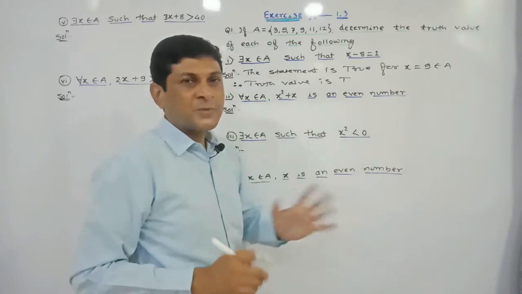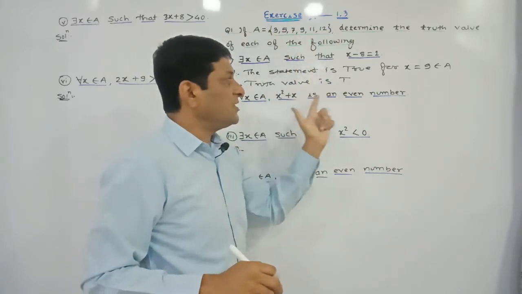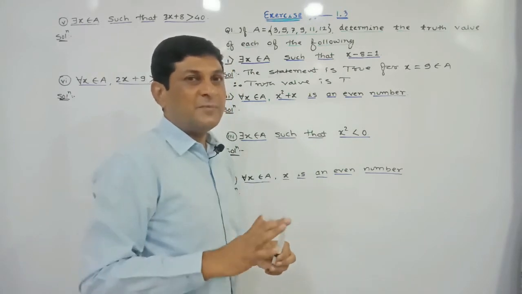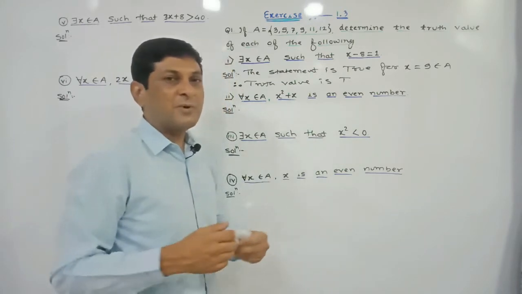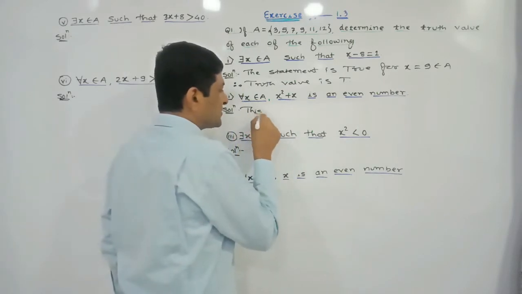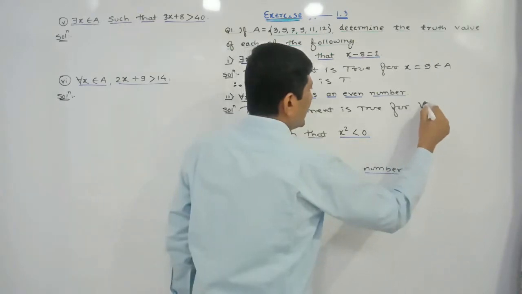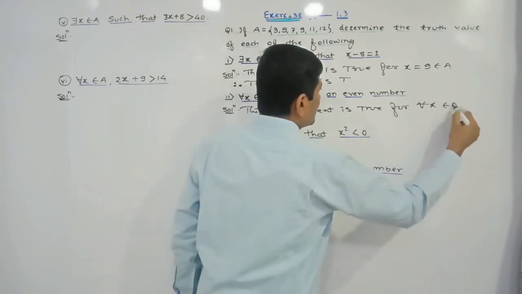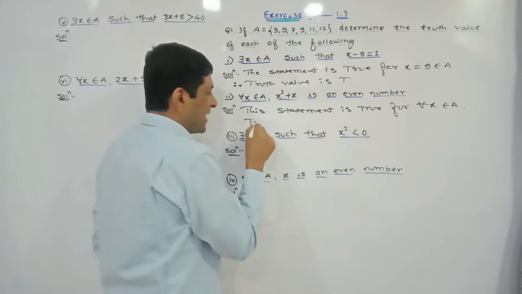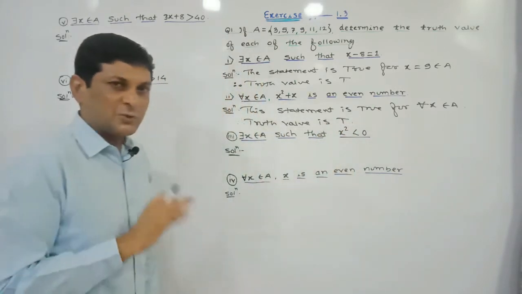In the same way, we can show that for every number, this addition is even. So since every element satisfies this condition, we can say that this statement is true. This statement is true for every x belongs to A. So therefore the truth value is T. In this way we have got the truth value.